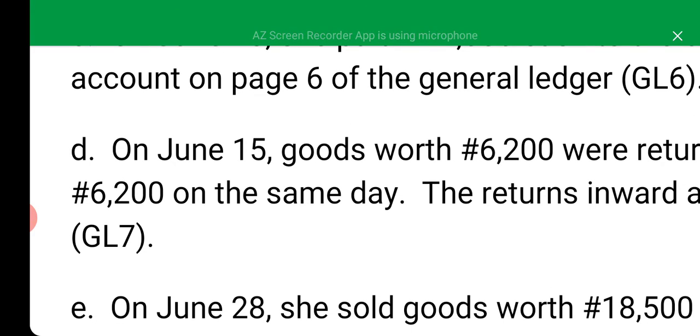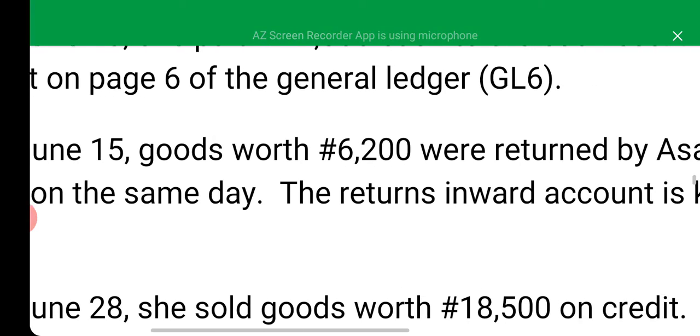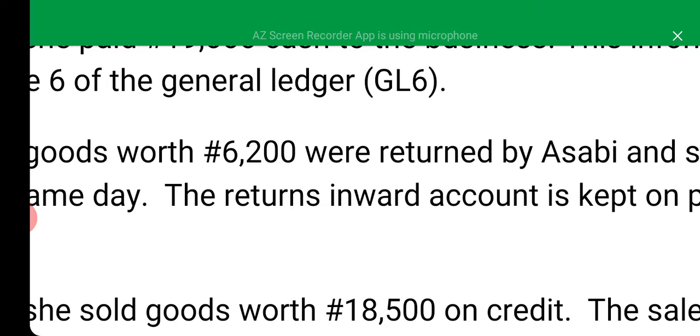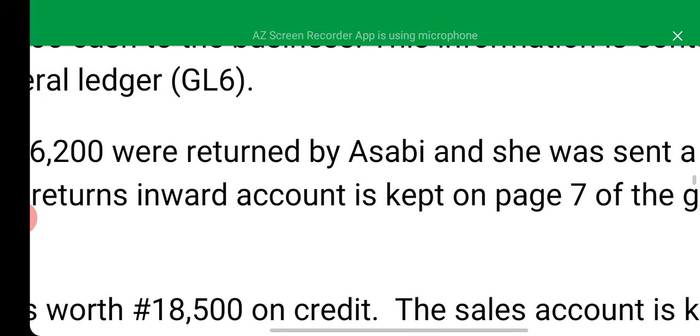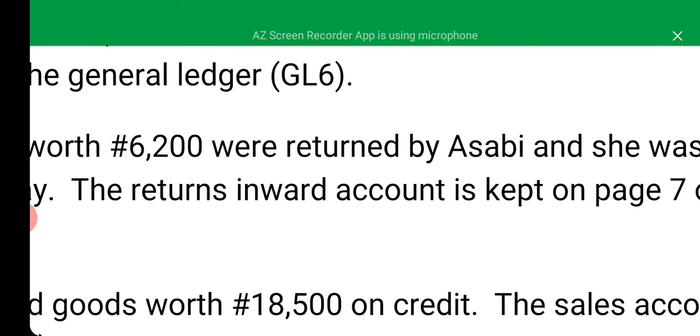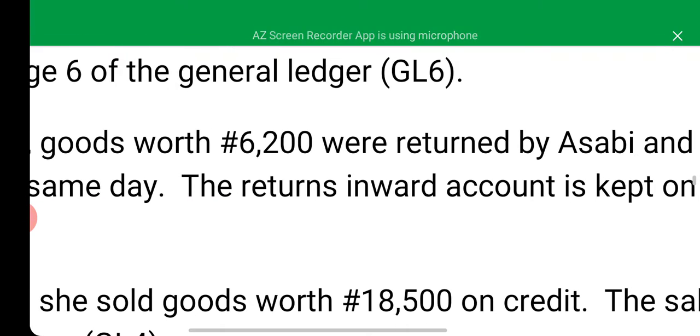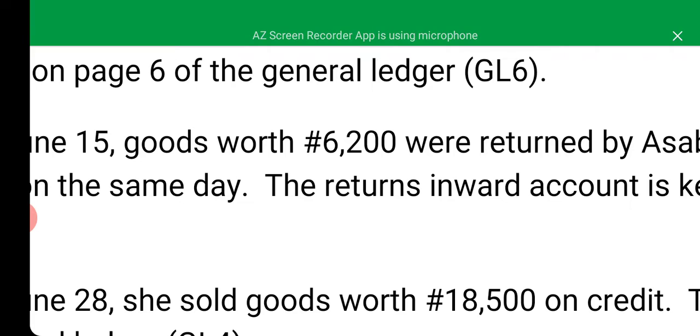And on June 15, goods worth 6,200 were returned by Asabi. Returns inwards, as were taught in JS1, are the goods that have been previously sold that were later returned to the business.